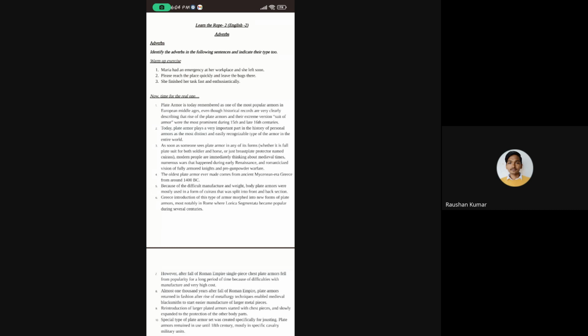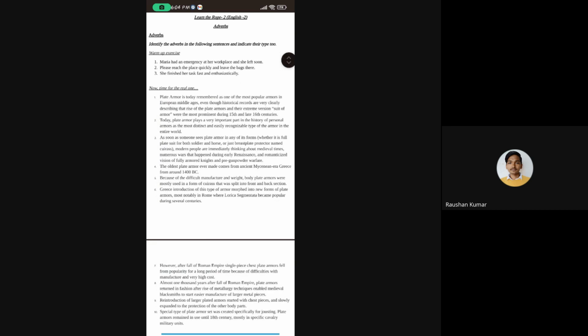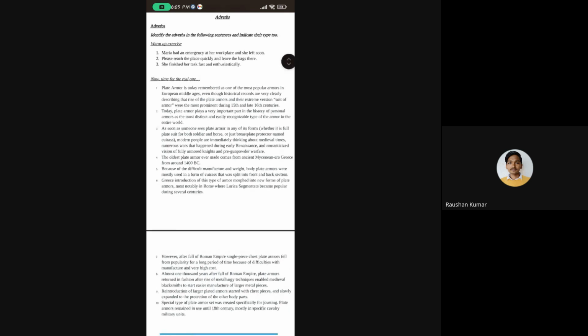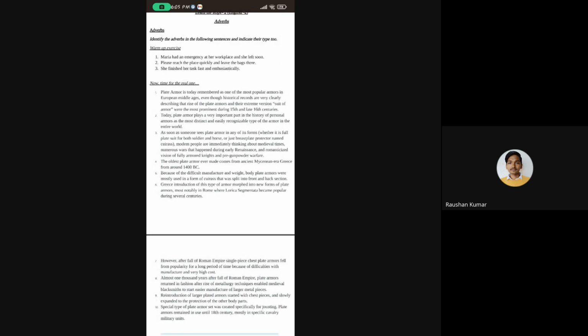Okay, let's start talking about adverbs. We've already studied this in the previous semester, in English 1. So it shouldn't be a difficult thing for you, but just quickly to brush up on that. What do adverbs act as? What is the function that an adverb performs in a sentence?